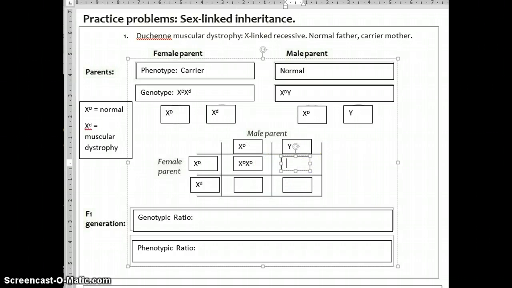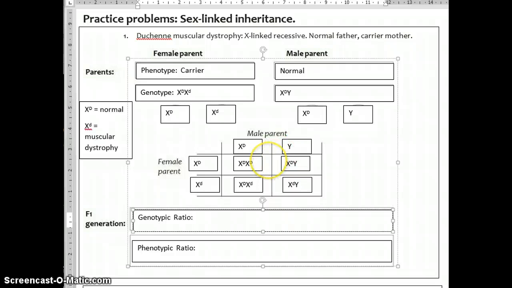The second possible child over here will get an X capital D from mum and a Y from dad. Our third possible offspring here will receive the X capital D from dad and the X little d from mum. And finally, this offspring here will receive the X little d from mum and the Y from dad.